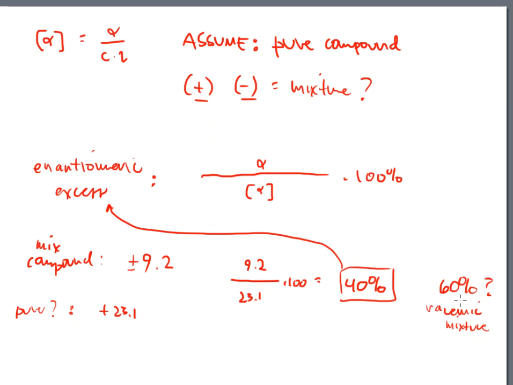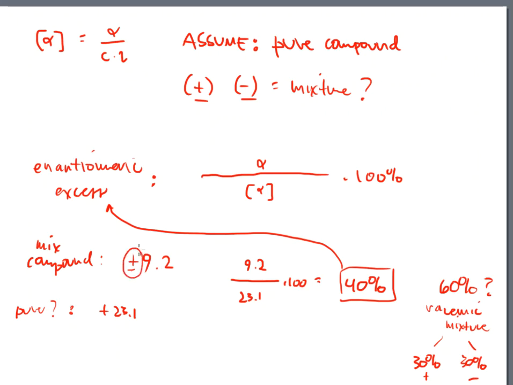It's equal. It's equal on the positive side and it's equal on the negative side. Oh, okay. So what this means is that if 60% is racemic, out of that 60%, 30% of it is going to be the positive version and 30% of it is going to be the negative version.